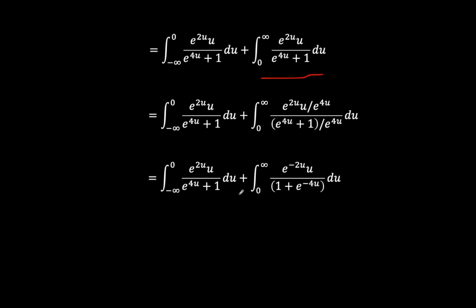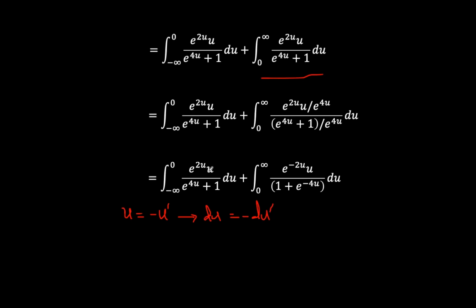And then now let's go and focus on this side of things. If we say let u prime be equal to negative u, what this means is that du prime is equal to negative du. And then this negative infinity becomes positive infinity, but here we have e to the power negative 2u.